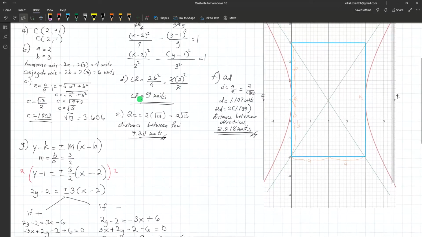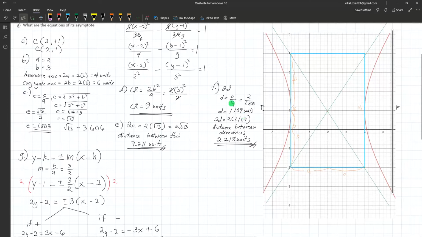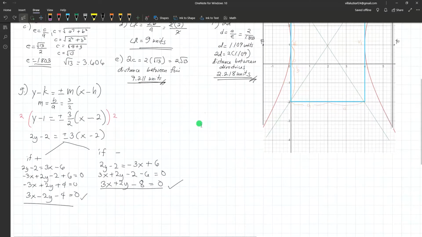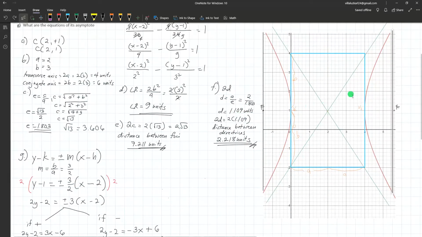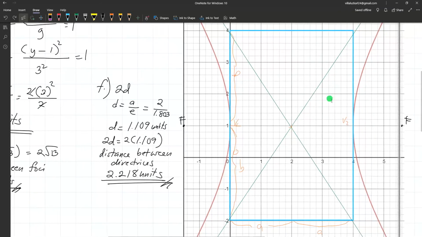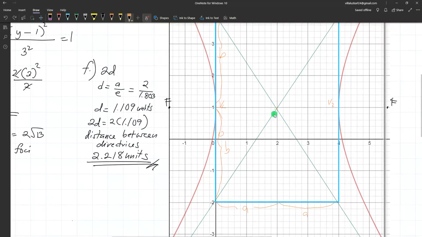Now for the directrices, we computed that d is 1.109. So measure again from the center of your hyperbola. From the center, 1.109, say it's right here.